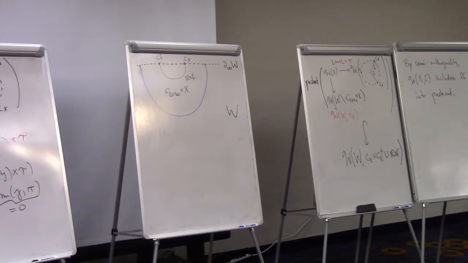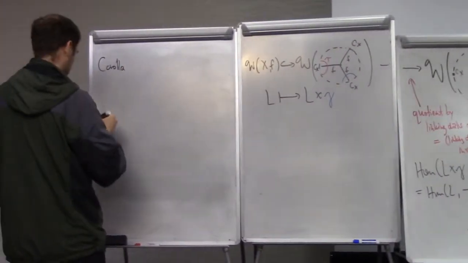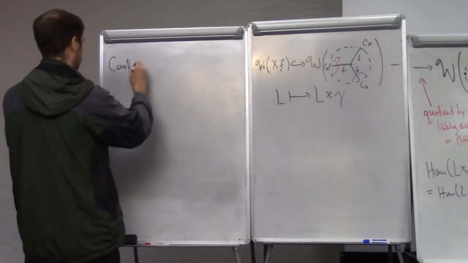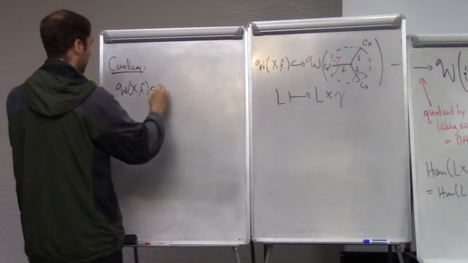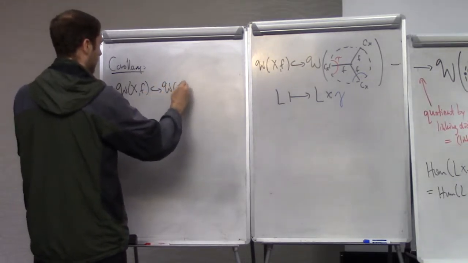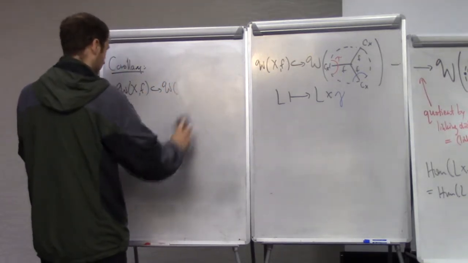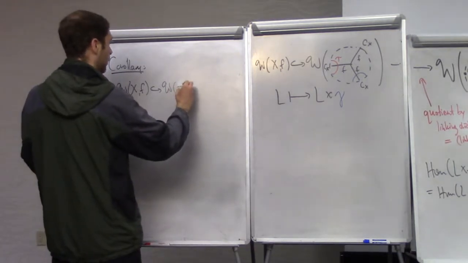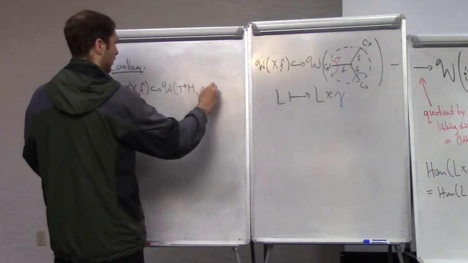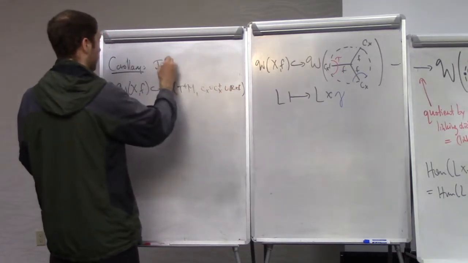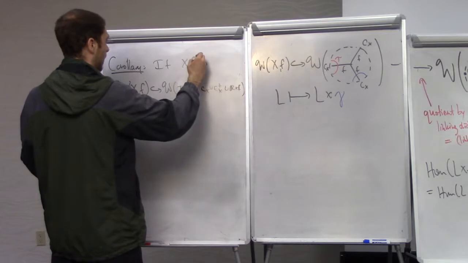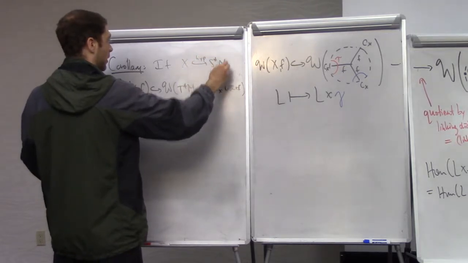Okay, so my corollary is that W of X comma F, in particular, embeds fully faithfully in the wrapped category of the cotangent bundle, stopped, if X embeds as a hypersurface in the cotangent bundle.